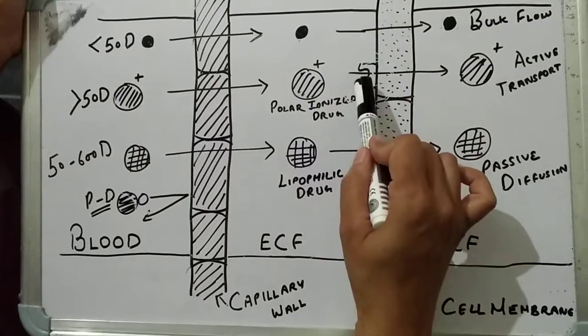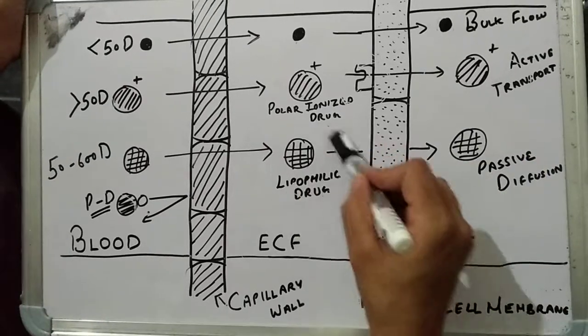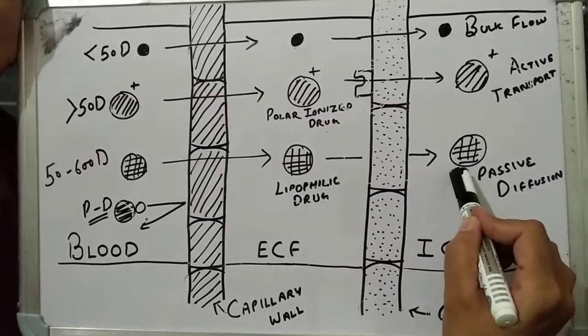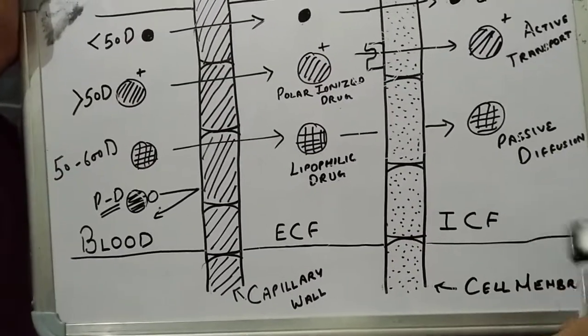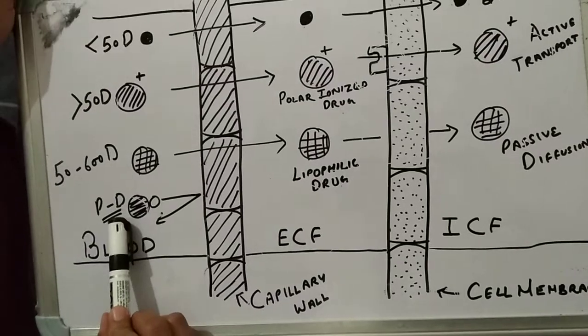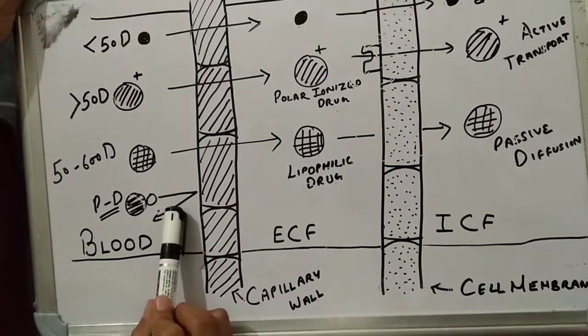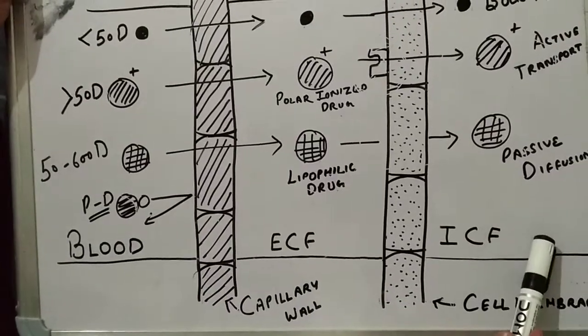They will bind with the enzyme and they will cross the membrane easily. Lipophilic drugs can also cross the membrane via passive diffusion. This is the example. We have to remember that only protein drug complex cannot cross the blood membrane and thus it will not reach the tissues.